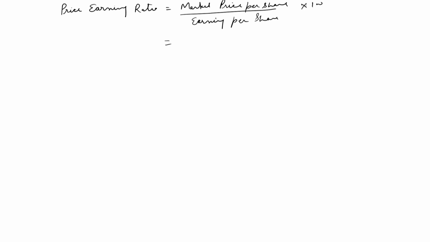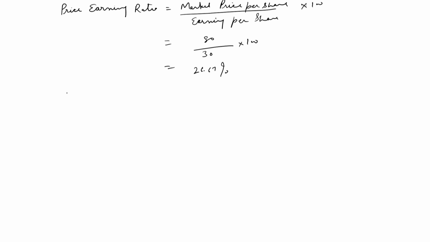So the market price in the question is 80 rupees. Earning per share we just computed is 30 rupees per share. So we reach the figure of 26.67% in the form of price earning ratio.